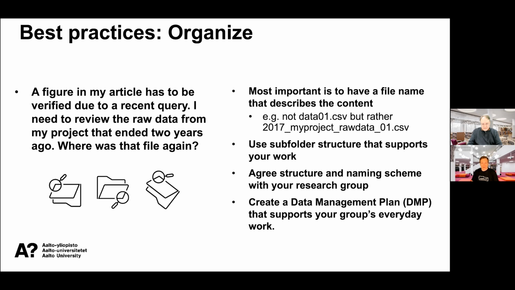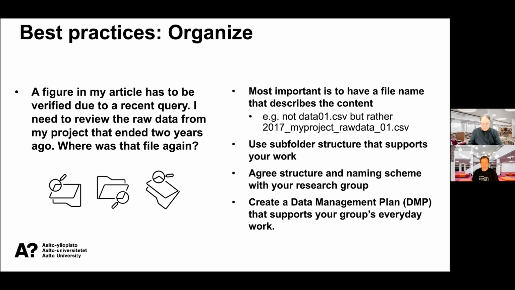If you have to search for something called "data", and you have used the same name in very many projects, then you will get a lot of results to go through. But if you have a project name, year, these kinds of things already in a file name, it will make it a lot easier to use, for example, computer search for finding the file.